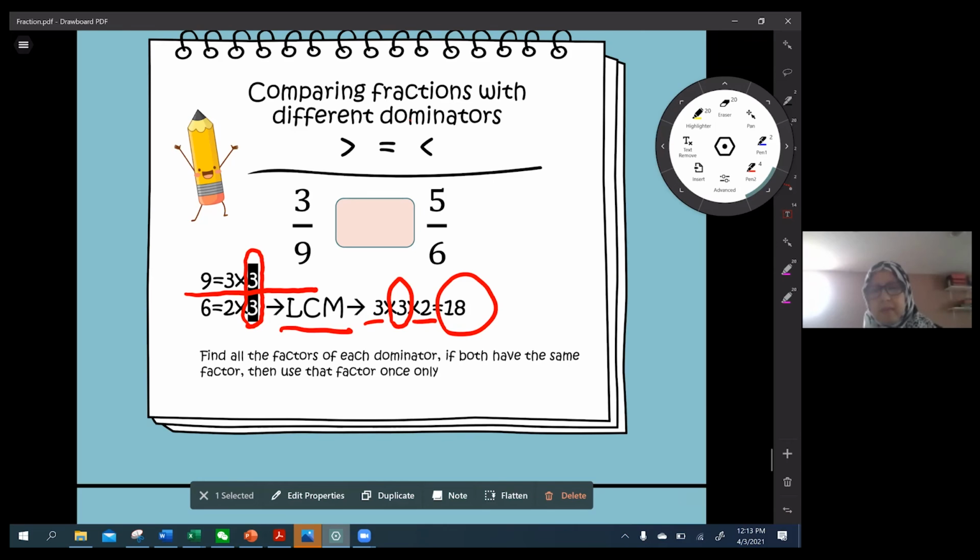So 3 times 3 times 2 equals 18. If they both have the same factor, you only have to multiply it once. So these are factors. If you see they both have the same factor, just write it once. All righty. Very good.